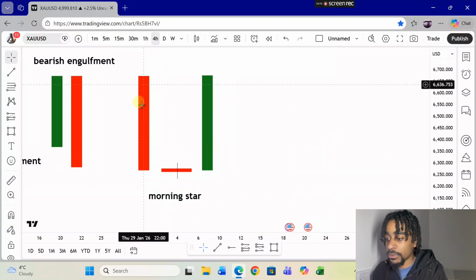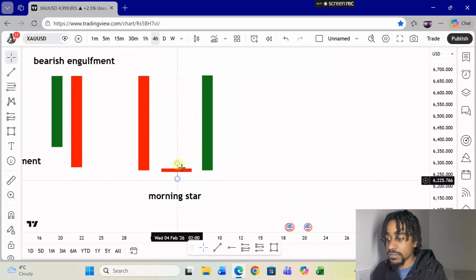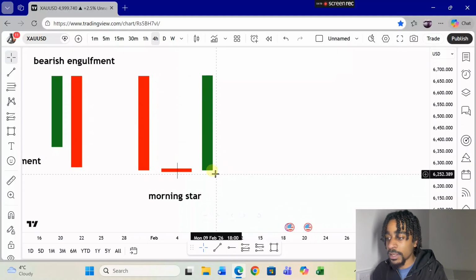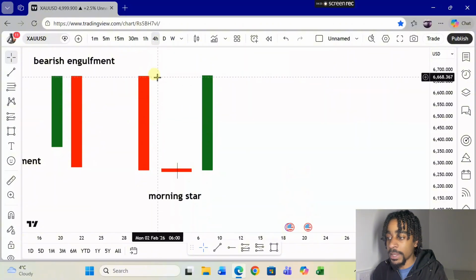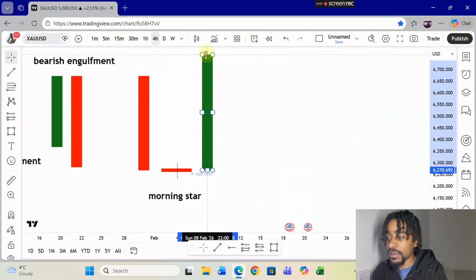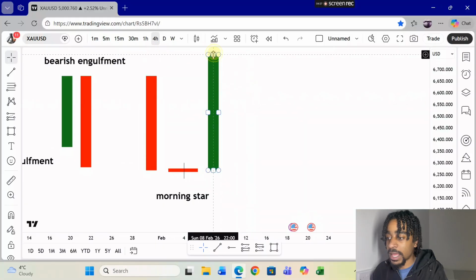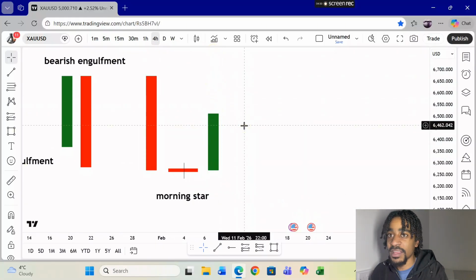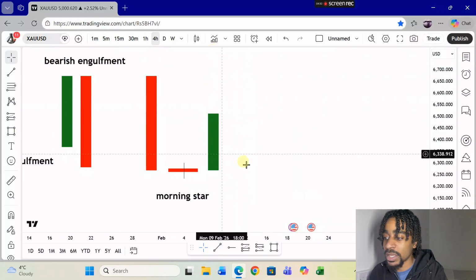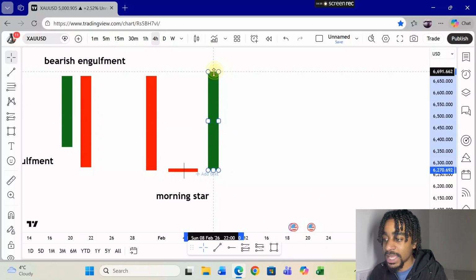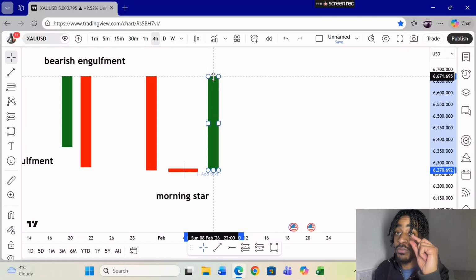Look at the morning star right here. We have a bear candle going down, a doji, this is very, very important, and then a bull candle going up, either equaling that bear candle or again overtaking. If you see something like this, you wouldn't really class that as a morning star, because we have a weak bullish candle. We need to see that bullish candle with a lot of strength, a lot of buying pressure.